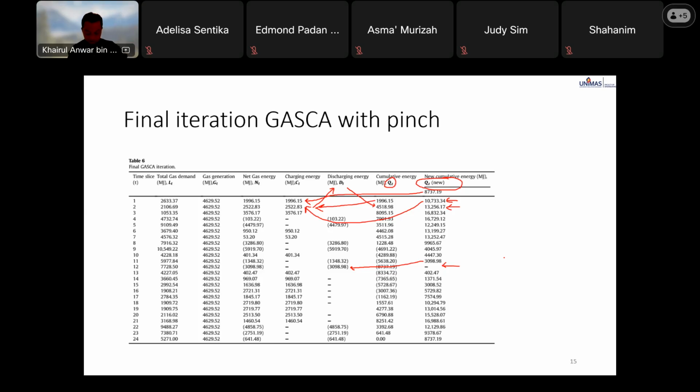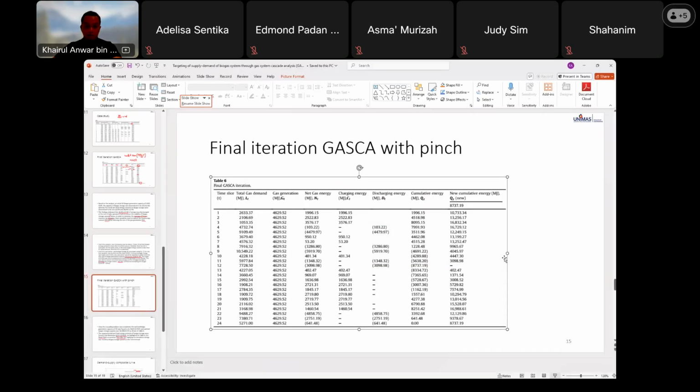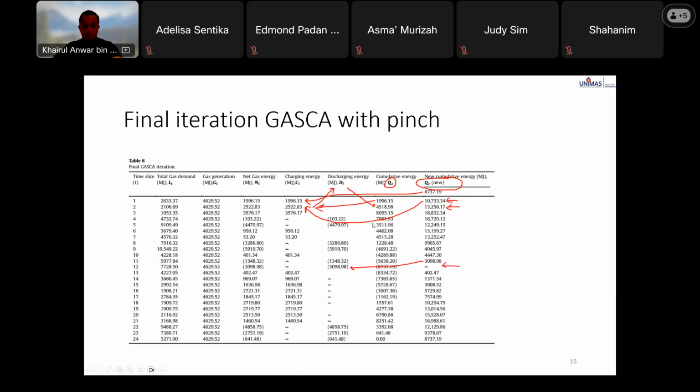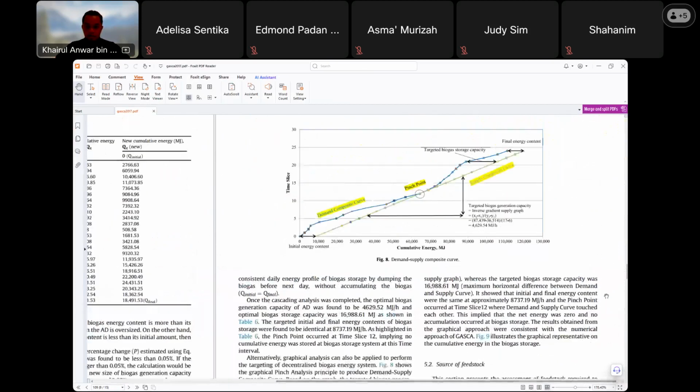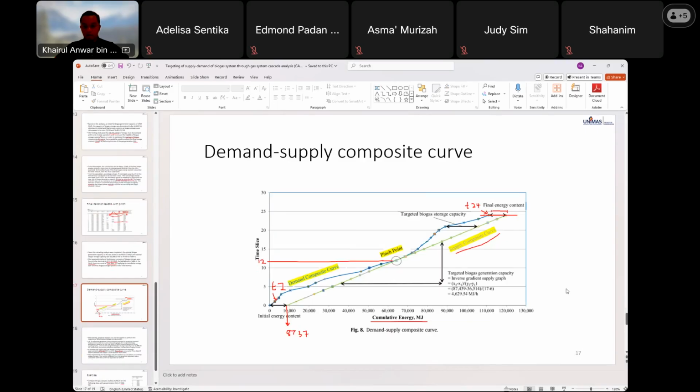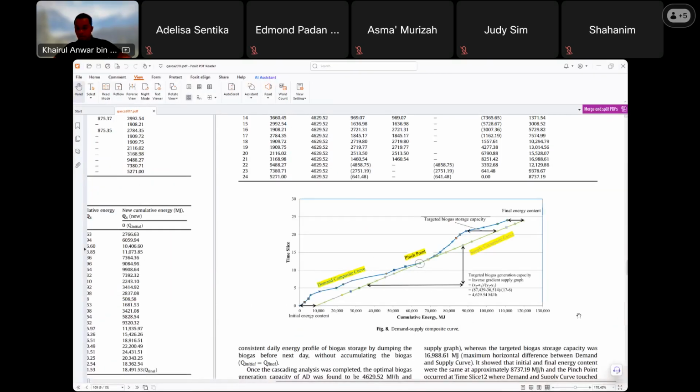What is this curve? Okay, Figure 8. It showed that initial and final energy content were the same at 737. Pinch point is here.